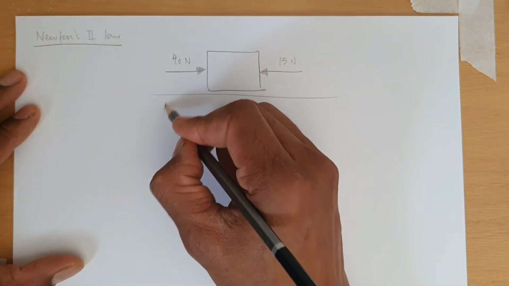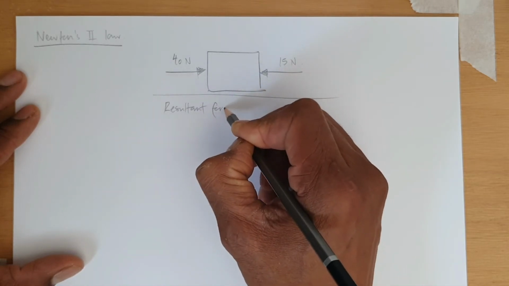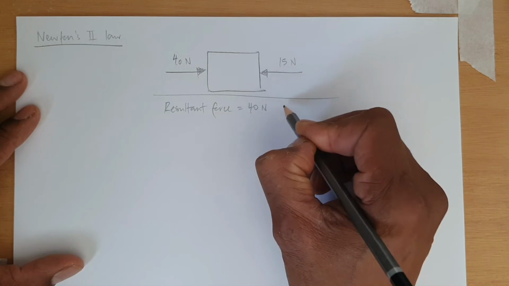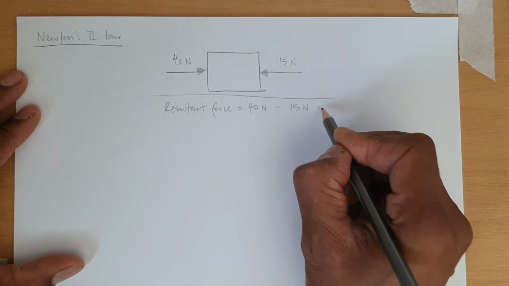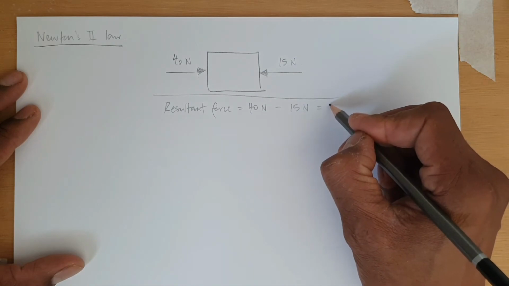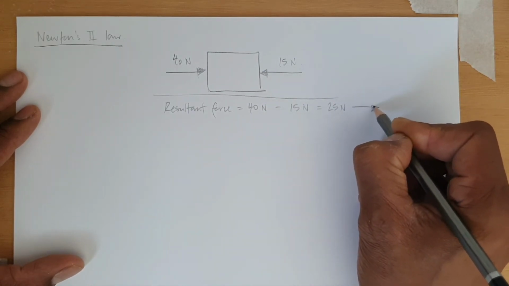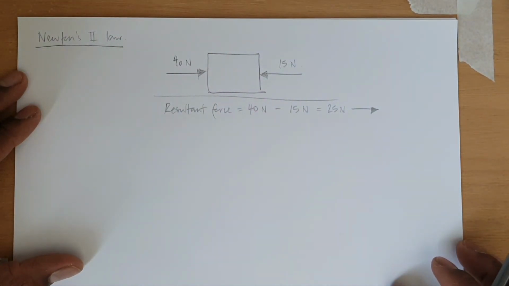The way we calculate the resultant force is the same as before. So resultant force equals 40 newtons minus 15 newtons, which gives us 25 newtons acting to the right. So the overall force, or the resultant force, pushes to the right.